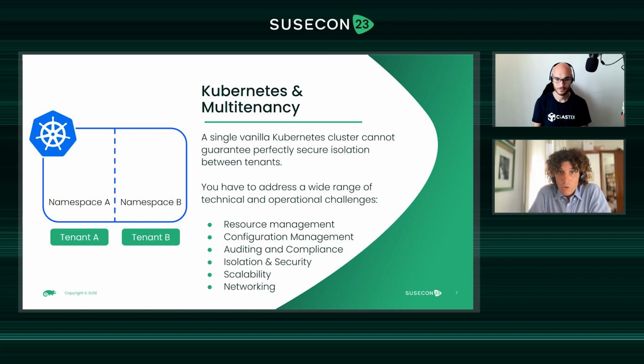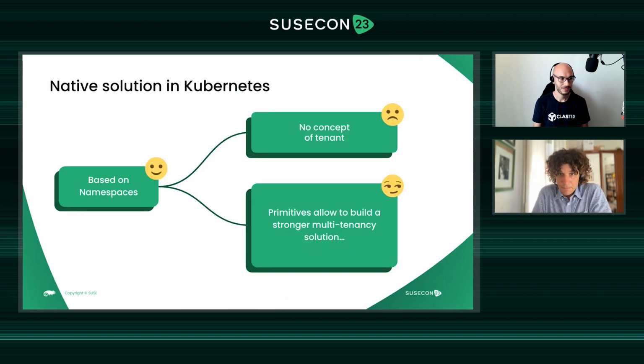You also have to go through resource management, configuration management, isolation and security, scalability, networking. So it's not easy, starting from namespaces, to have a full and working multi-tenancy environment in a single Kubernetes cluster. It could sound cumbersome because it seems that we're saying you cannot achieve multi-tenancy in Kubernetes.